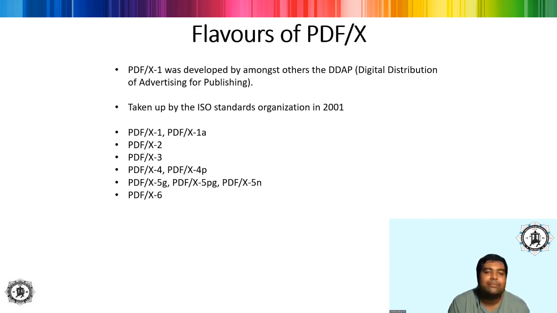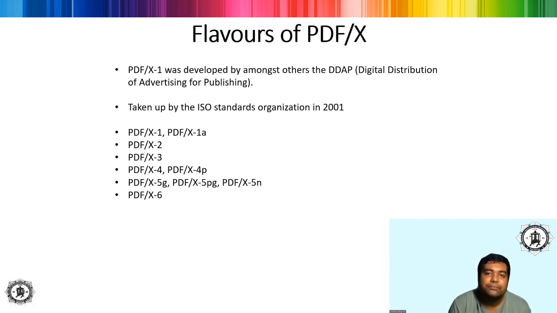So there was a growing demand for creating some specifications which would say what is and what is not allowed in a PDF/X file. PDF/X meaning a file format which is again a subset of the PDF, but it is meant exclusively for the purposes of printing. So that is the story behind this PDF/X. Now, in the United States at that time, there used to be this organization, Digital Distribution of Advertising for Publishing.